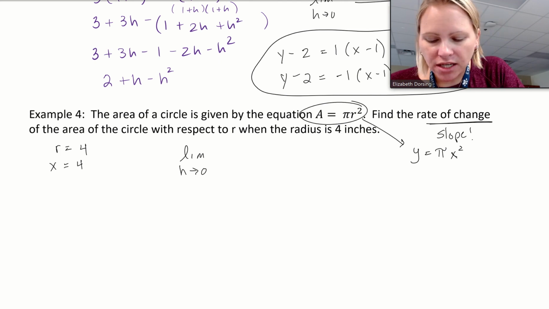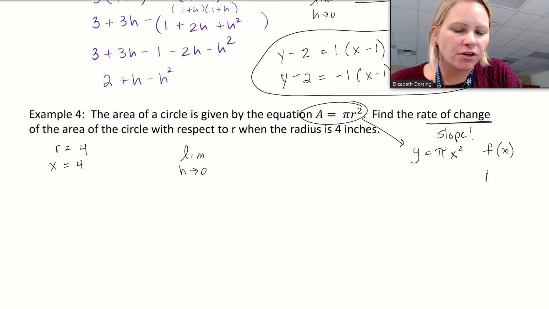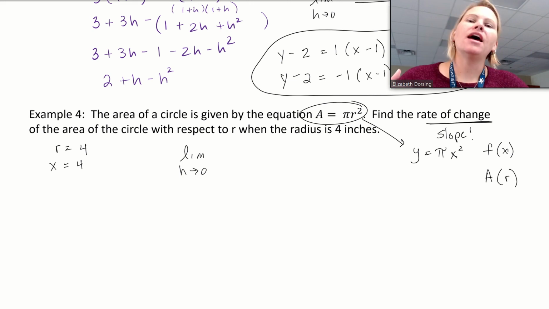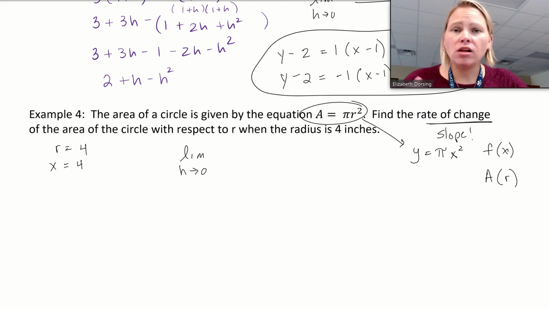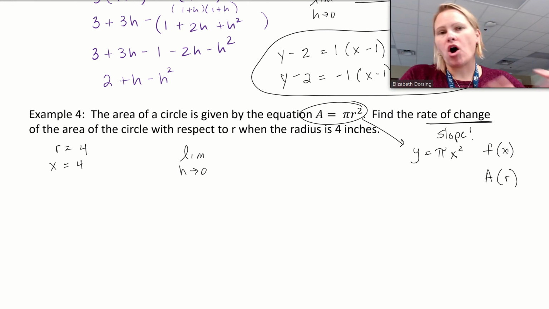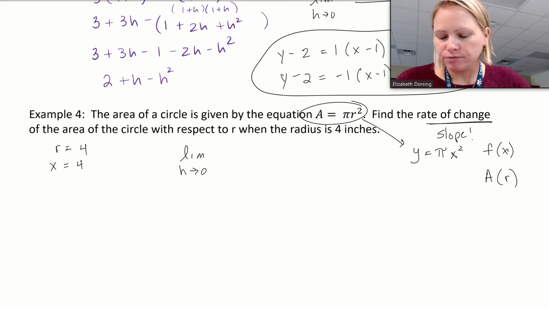Instead of saying f of x, I have a function that is A of r, A for area, and then r is the input. So the letters can change, but it all means the same thing. The area is a function of the radius. I put r into the area equation.